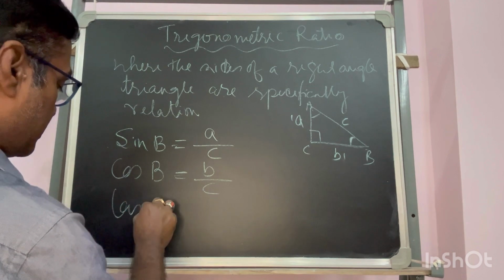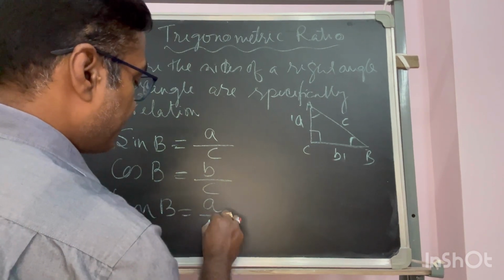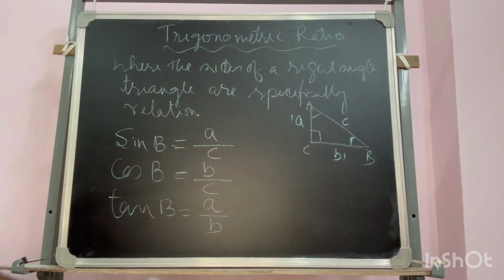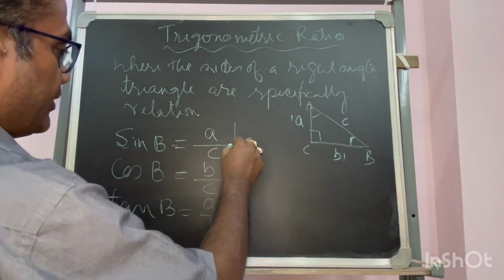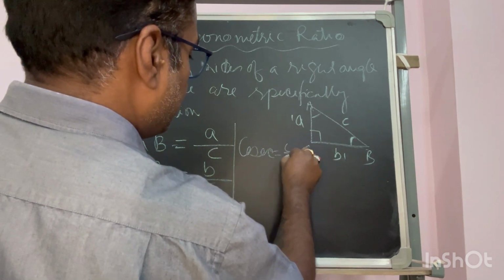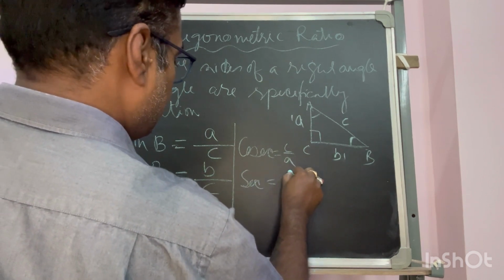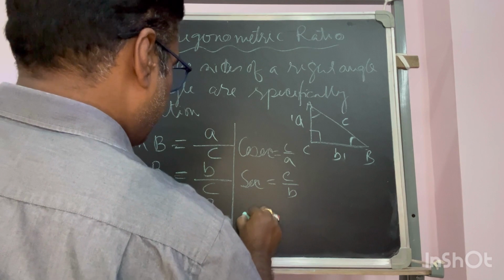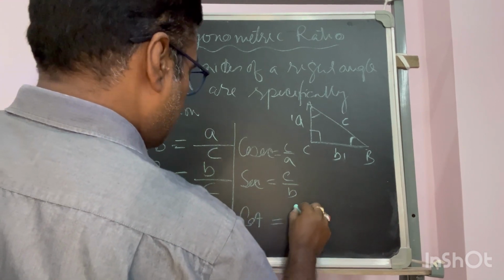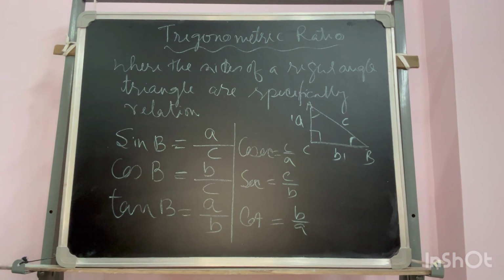For tan, it will be vertical upon the base. Now the reverse of those: cosec will be C by A, sec will be the reverse of cos, C by B, and cot will be B by A. So these are the basic relations.